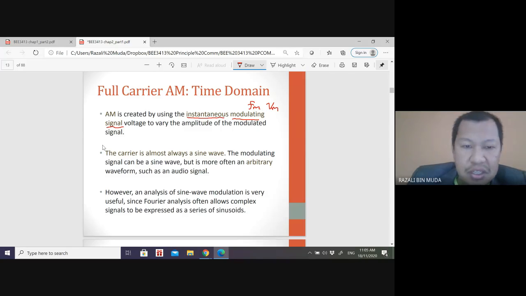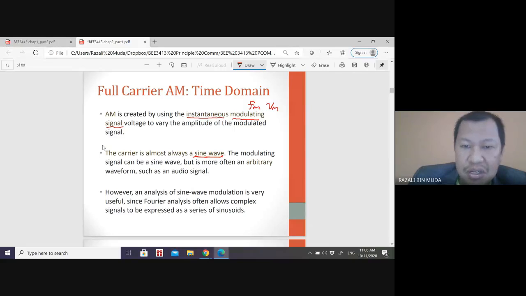The modulating signal can be a sine wave, but it is more often an arbitrary waveform such as an audio signal. So in real cases, the modulating signal is not really a sine wave. In practical, real problems. But for simplicity, in theory we represent the modulating signal as a sine wave.